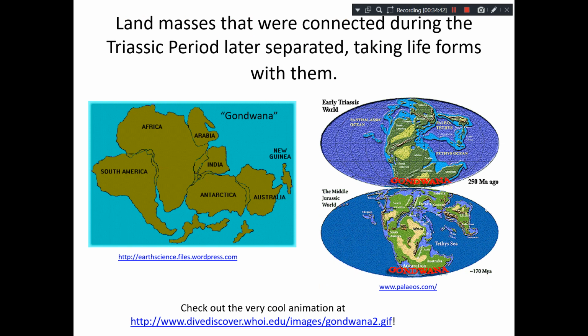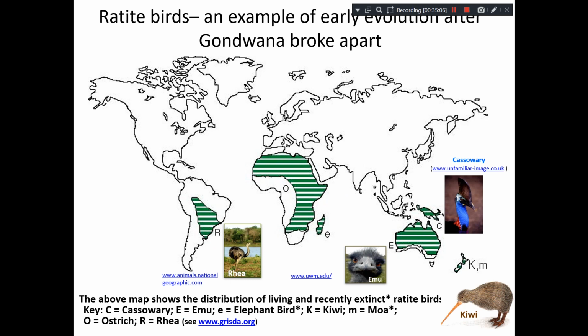If you go back to the geological history, during the Triassic period, the world was like this. The early Triassic world. But by the time it enters into the Middle Triassic period, see, such fragmentations have started to appear. Another good example for this is the ratite birds. Ratite means flightless birds, which are also an example of evolution.